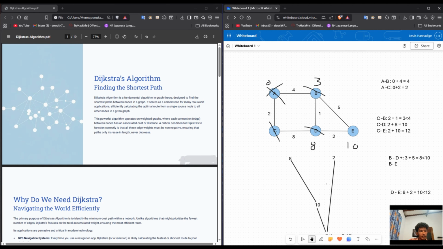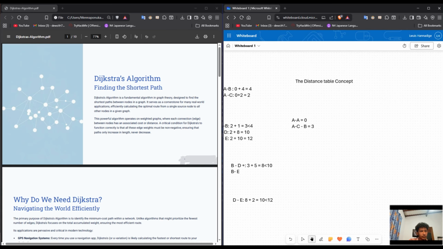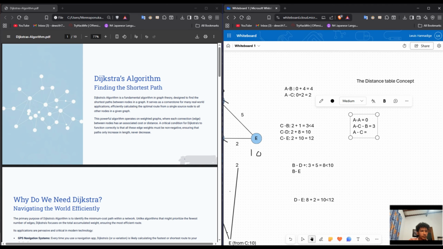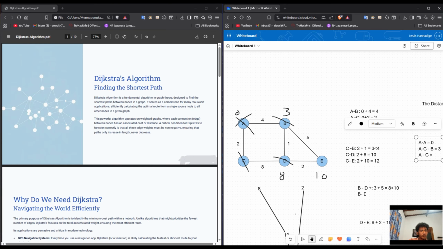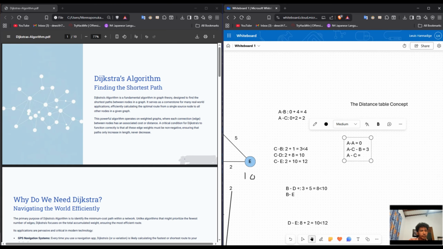So next A to C is 2. In here we have found that A to C is 2.